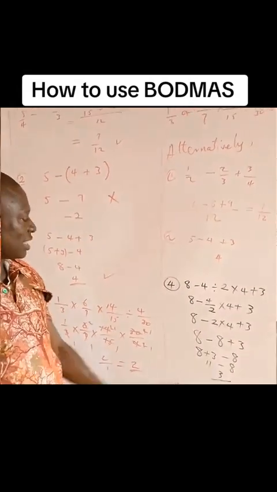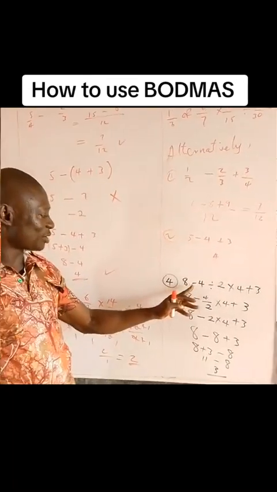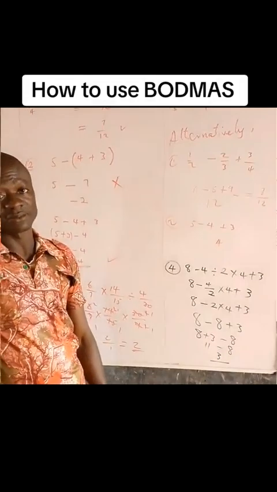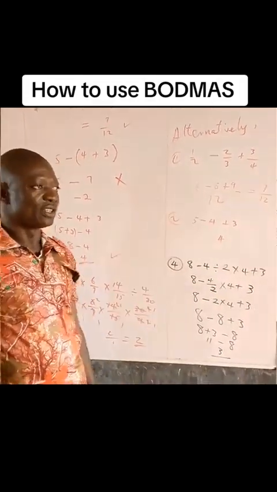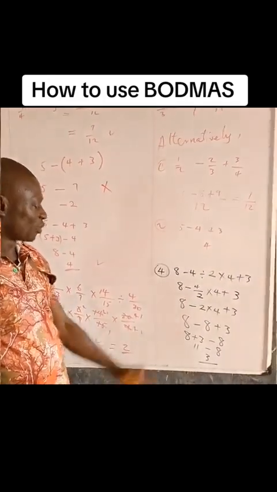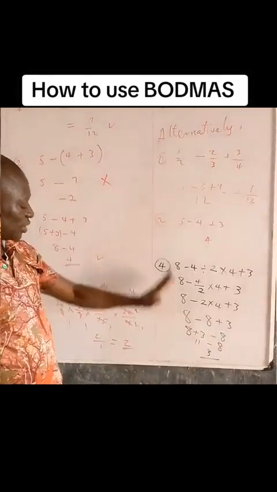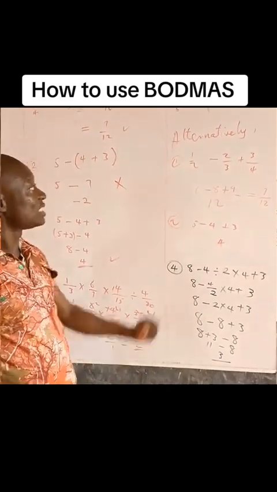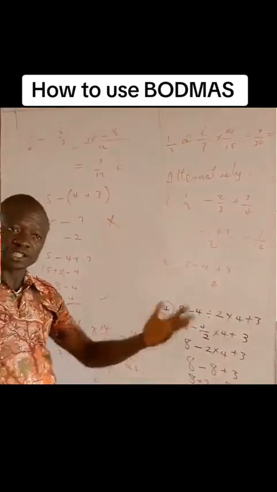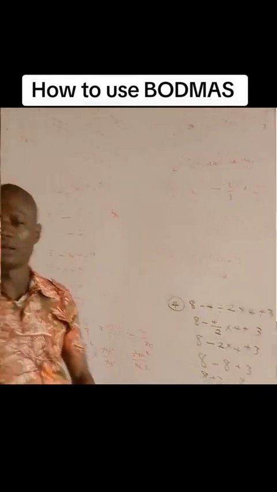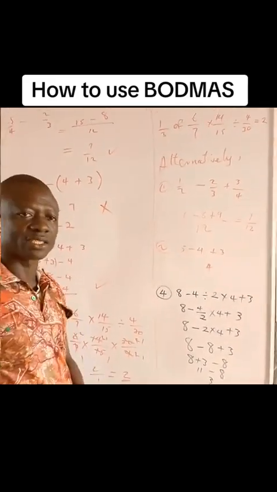Remember, viewers, that if you start by saying 8 minus 4 divided by 2, you are not going to get this 3 as the correct answer. That is often the mistake people make when they solve this. And I believe with this, we are going to change the way we work with it, whether it is whole number, or fraction, or decimal, or even algebra, where we use letters to represent numbers.